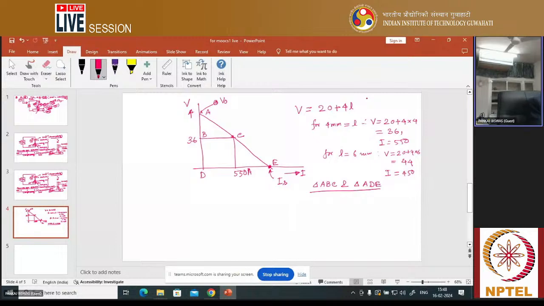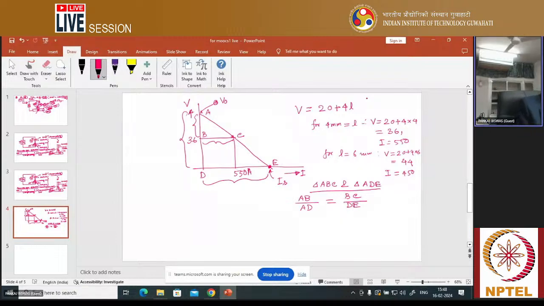From these two triangles, this divided by this, and this base divided by this base. So from the similarity of these two triangles, AB by AD is equal to BC by DE.